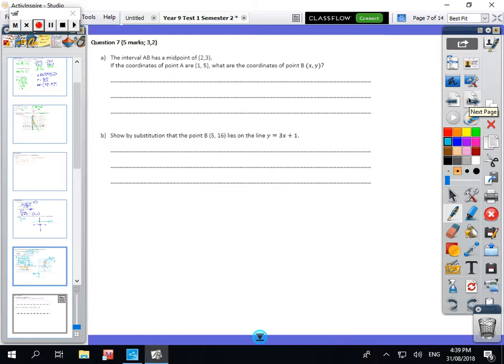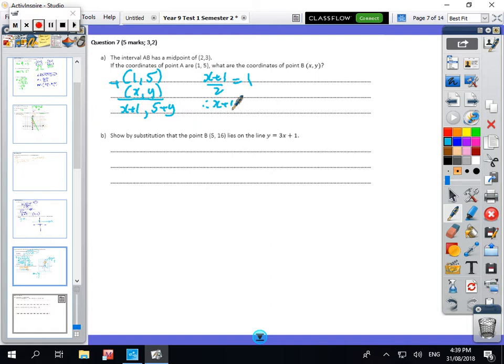Okay, the interval has a midpoint of (2, 3). So your coordinates are (1, 5), and your other coordinate is (x, y). So we have to add those numbers, and add those numbers. So (x plus 1) over 2 equals 2, because you have to average the numbers.